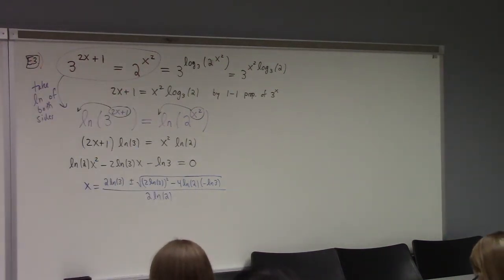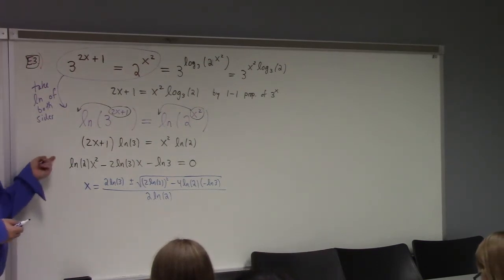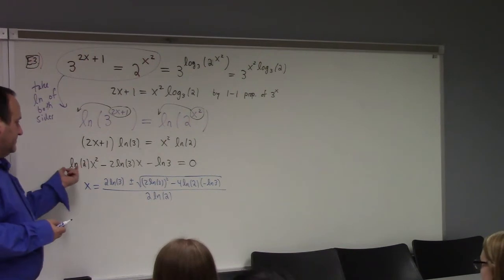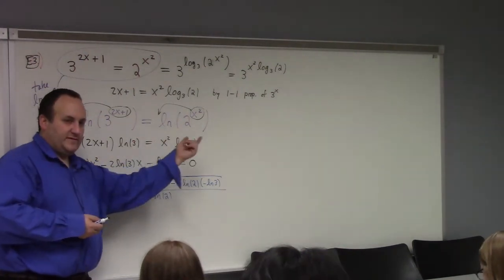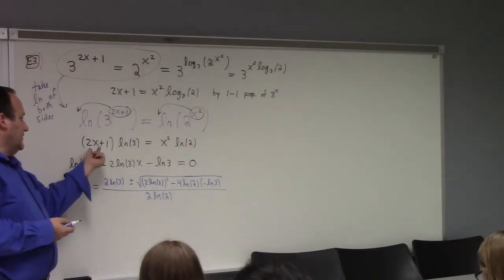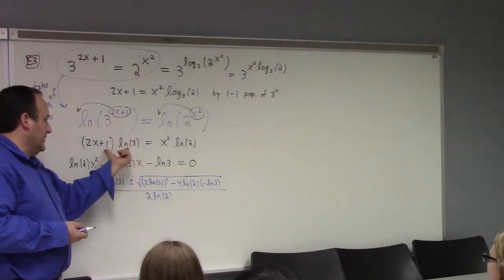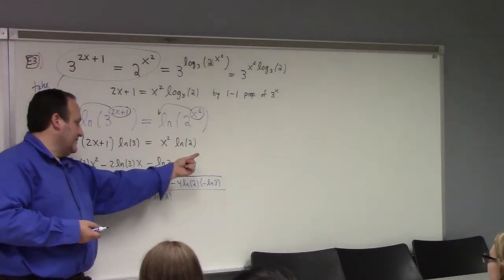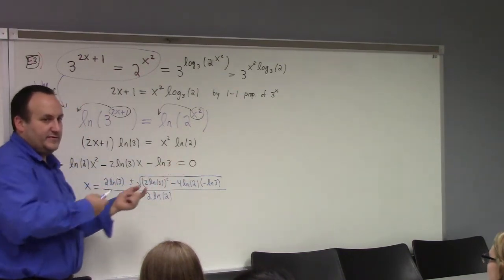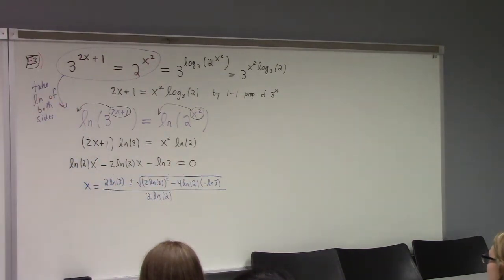What is it? Is it this step? Because what I did was I put everything over here and then just flipped it. But this is 2x log 3, so I subtract to the other side. Then 1 times log 3 gives me a log 3. I subtract it to the other side, and then I just put the 0.